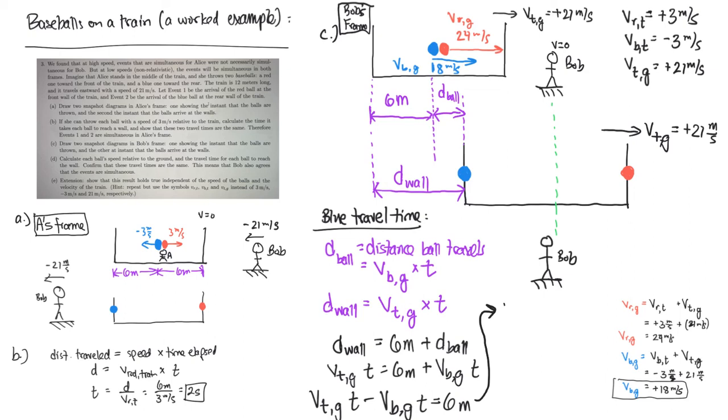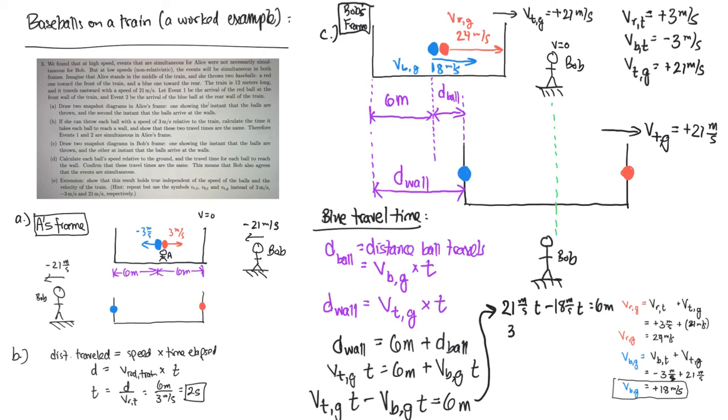VTG is 21 meters per second multiplied by time. VBG we calculated before; we said it was 18 meters per second. We calculated it down in that corner. So we can do minus 18 meters per second multiplied by t is equal to 6 meters. 21 minus 18 is 3.